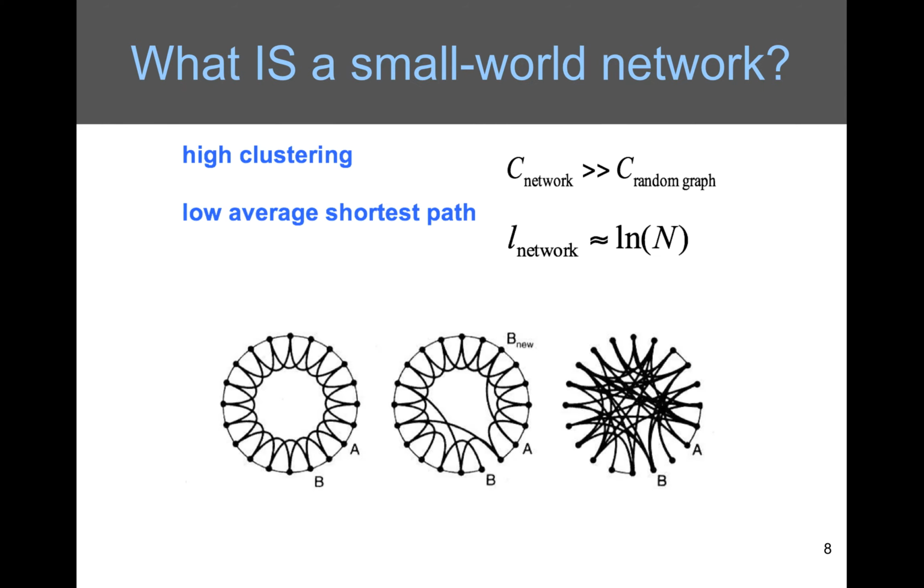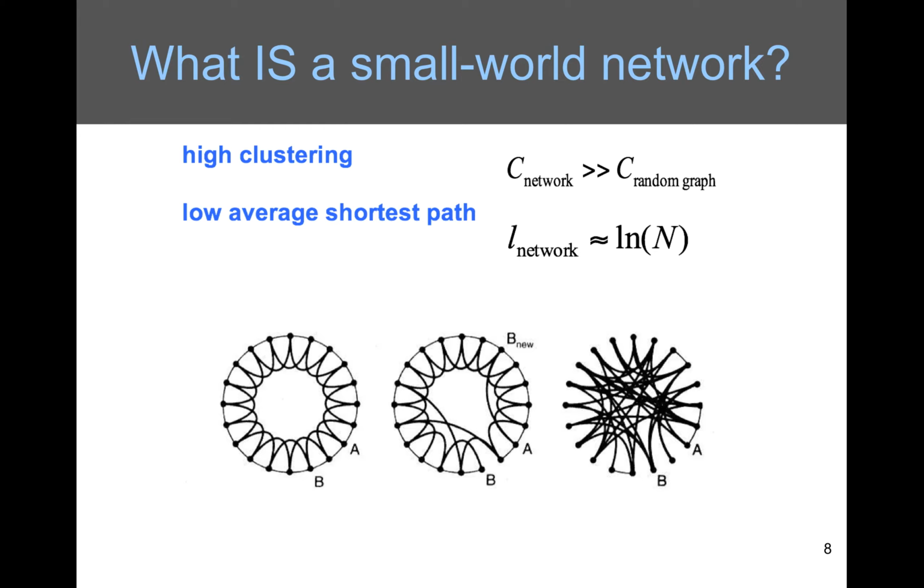But what Watts and Strogatz did was they viewed the left network and the right network not as two different types of networks, but as networks on a continuum. So they started with this ring network, this regular topology that I mentioned, and then they started rewiring some edges. And this is really important.